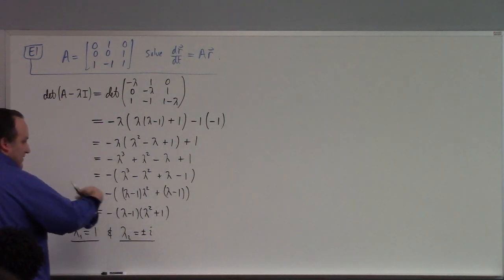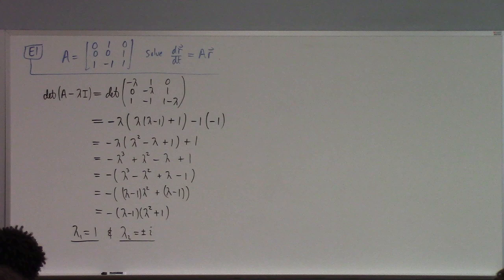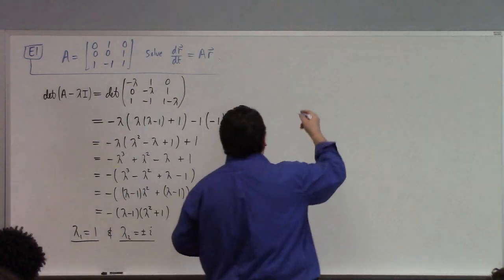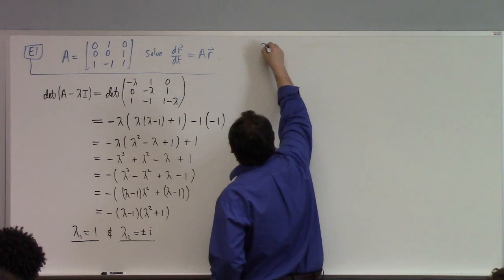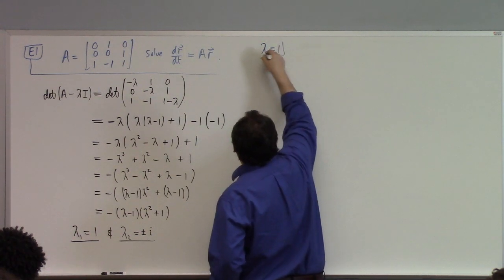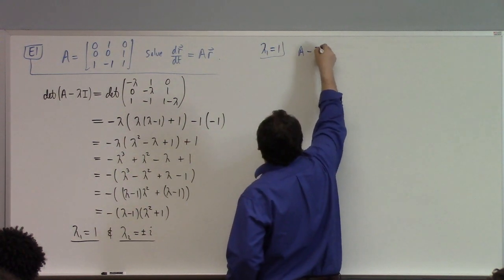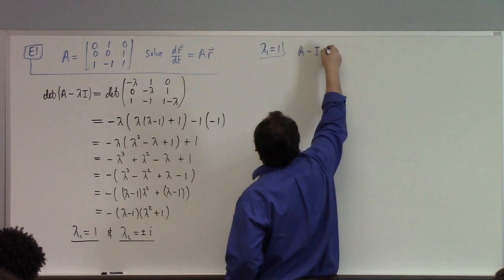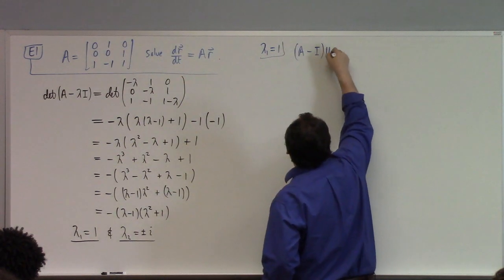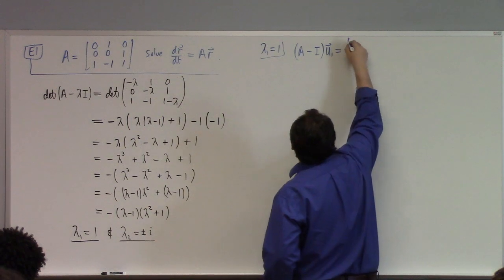Now we're just going to use the plus i in time, but let's go ahead and take care of eigenvalue 1, right? That's a real eigenvalue. So we've got lambda 1 equals 1. I need to find the basis for the null space of A minus I. So I'm looking for A minus I times u1 to be 0.